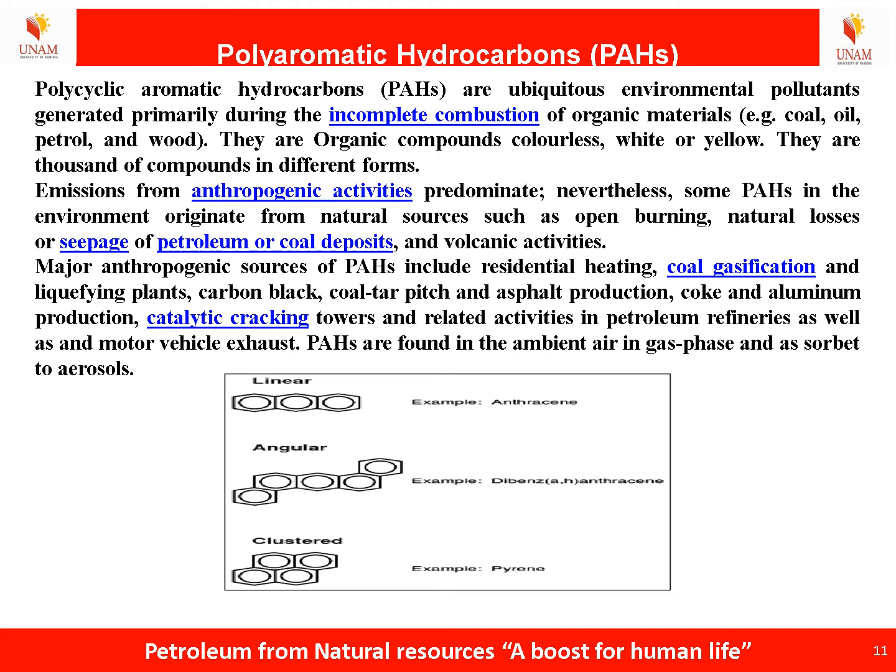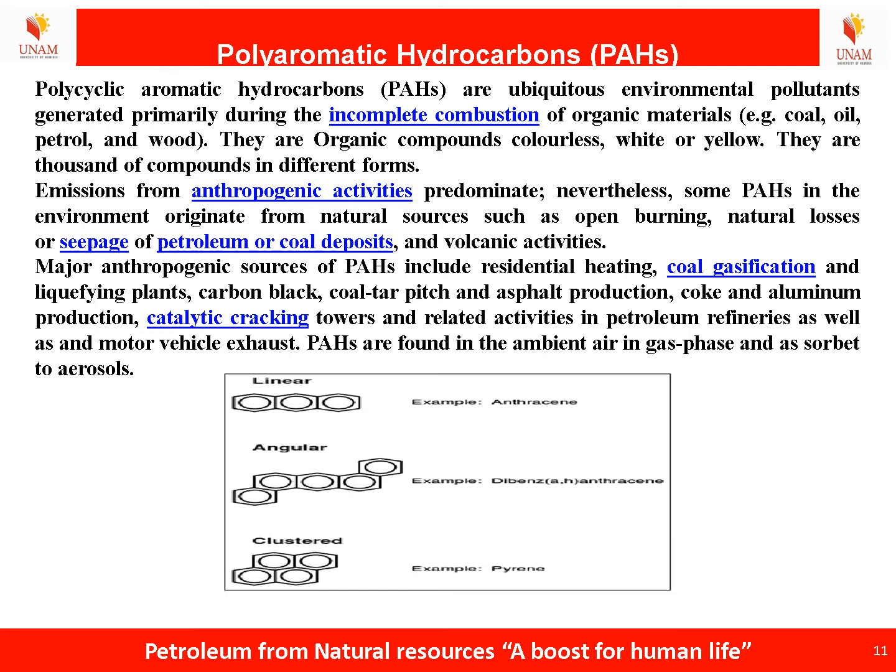In Asian countries you will see it is more developed. Some of the vehicles in the Asian countries, as I told you in a few slides, don't have the catalytic converter. So PAHs are found in the ambient air in gas phase and sorbed to aerosols.